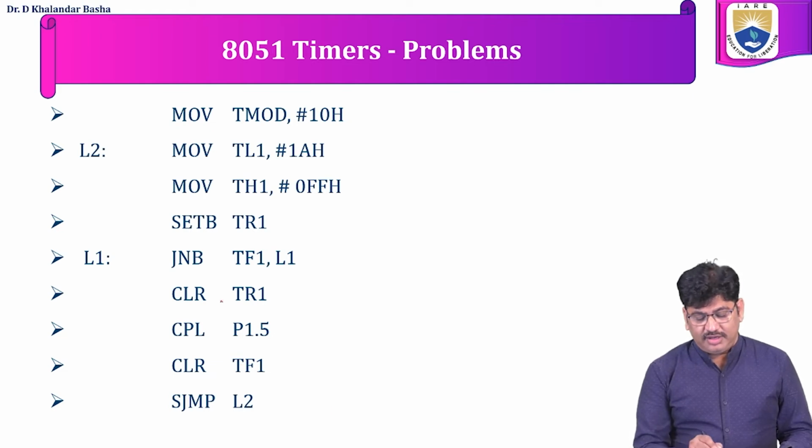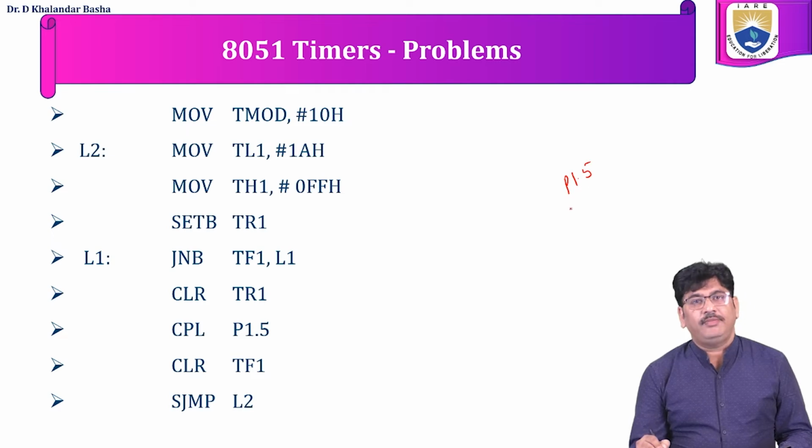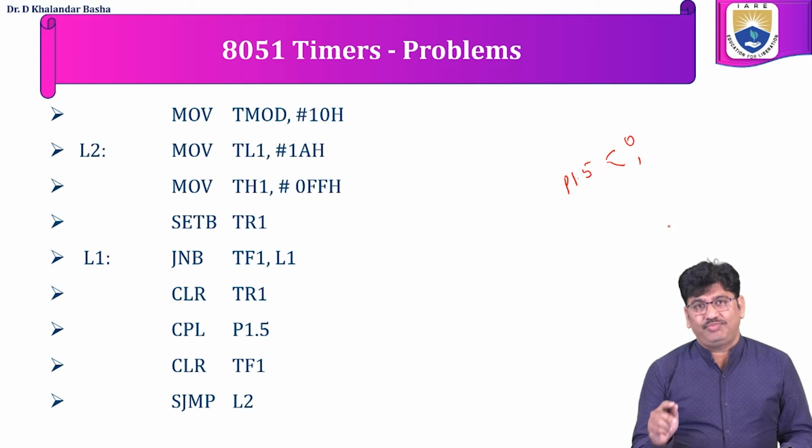So now here we are complementing P1.5 every time. We have not initialized it, so earlier it may be 0 or 1. Next, every time it is going to be complemented. Suppose I want to make the signal start with logic 1.